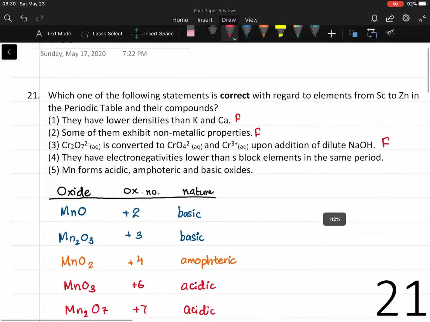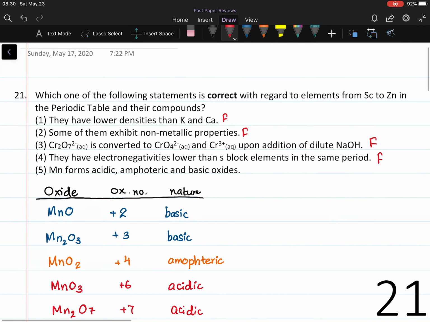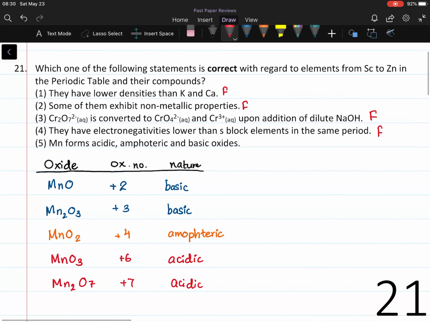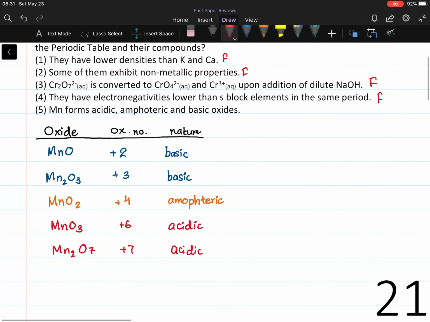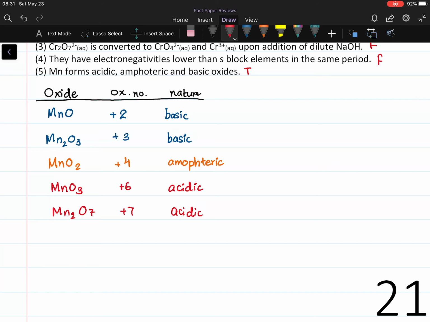Therefore, statement 4 is false. Statement 5. Manganese forms acidic, amphoteric, and basic oxides. That statement is true. Here are some examples.